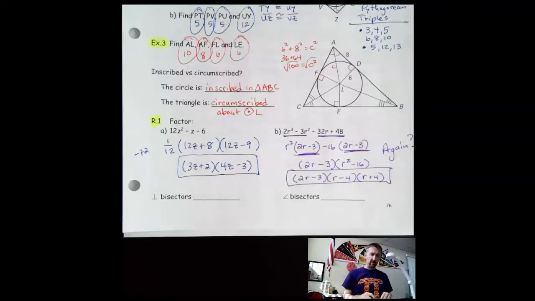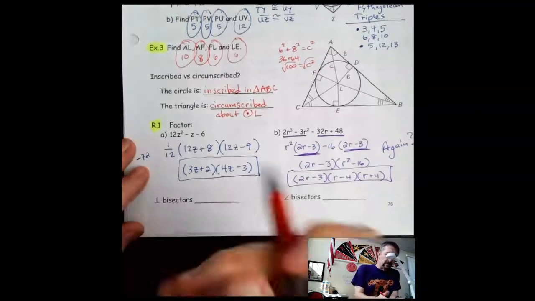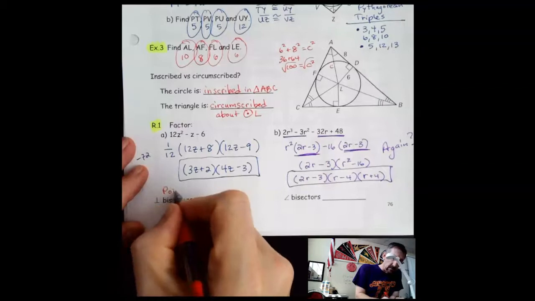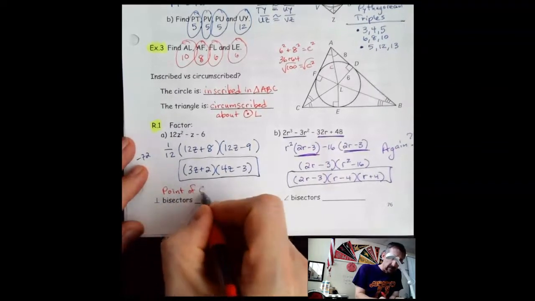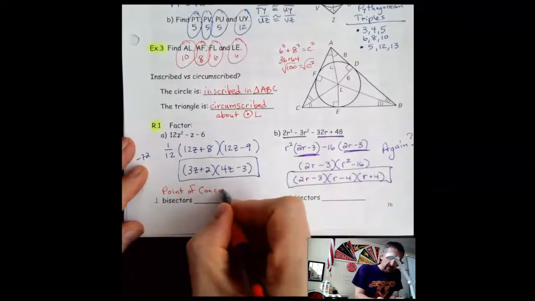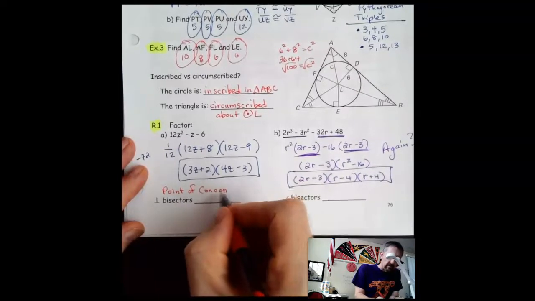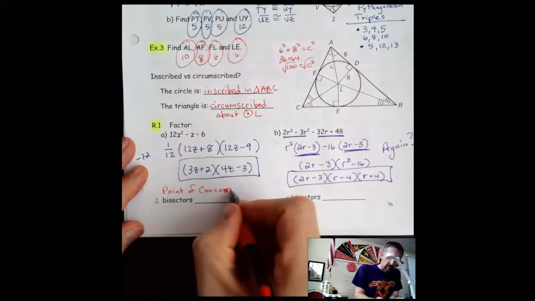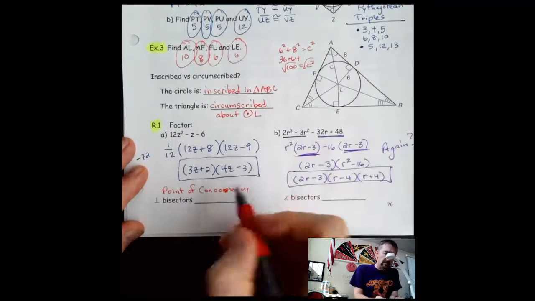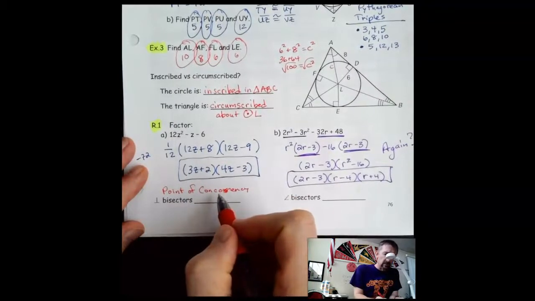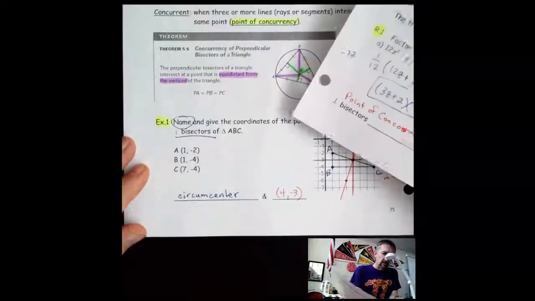Now, last thing, and that is, what's the point of concurrency down here? So I should have put that. Point of concurrency. So we're just reviewing. Concurrency. Should that be a U, not an O?